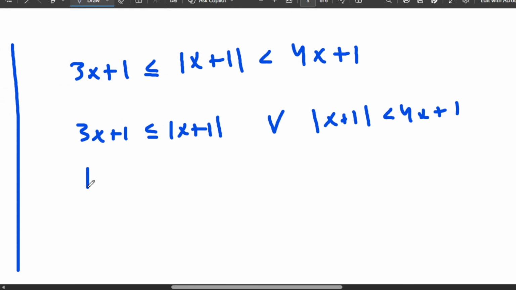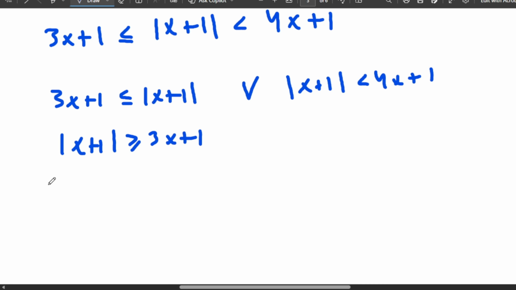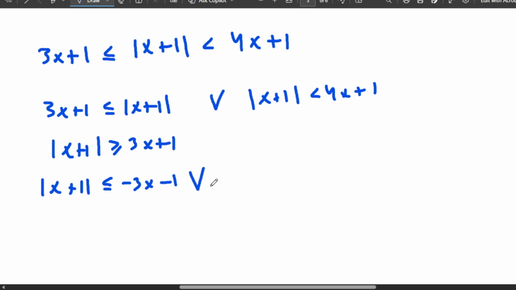This is the same thing as absolute value of x plus 1 is greater or equal to 3x plus 1. We're going to split this into two.